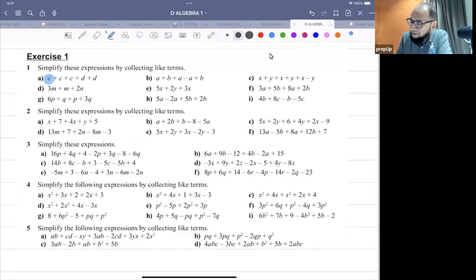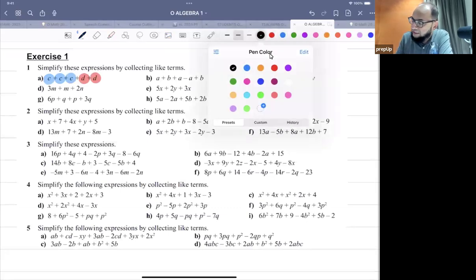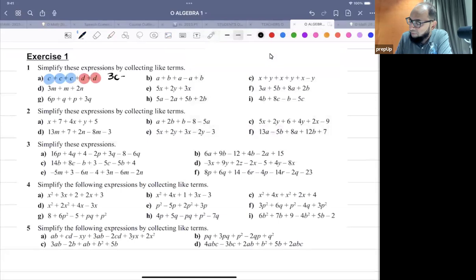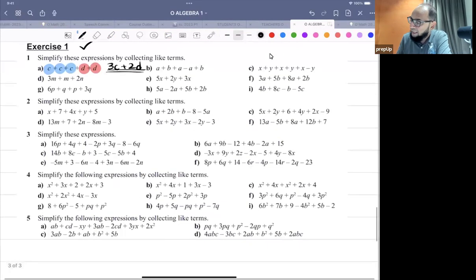So there are 3 C's over here, they will be added together. There are 2 D's over here, they will be added together. So what is the answer over here? The answer is basically 3C plus 2D. That is the answer by collecting the like terms. That is the basic thing.